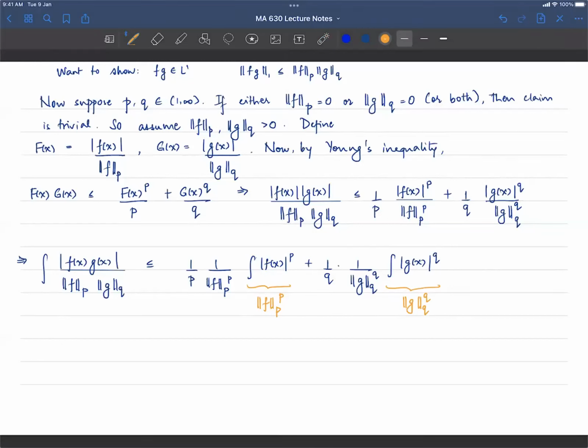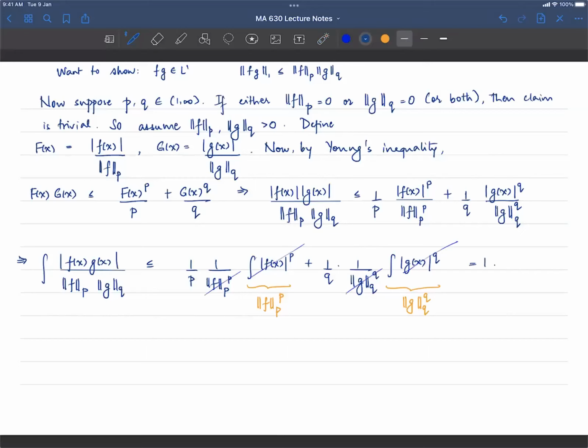So these two guys are going to cancel, and these two guys are going to cancel. On the right side, you get 1, since 1 over p plus 1 over q equals 1.